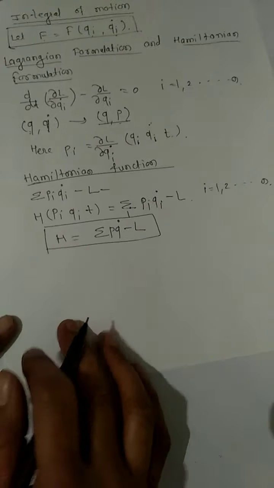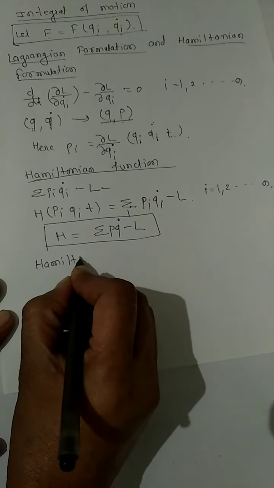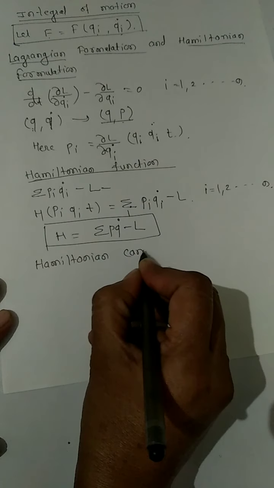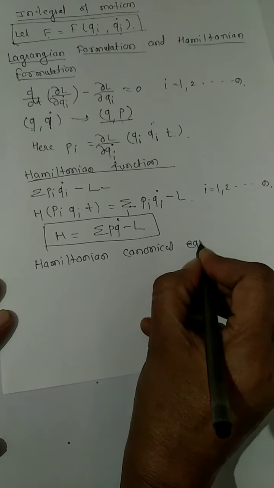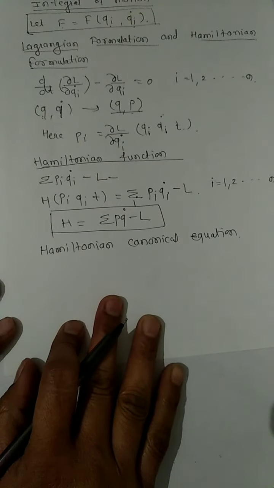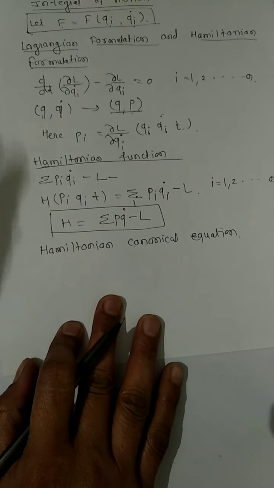Then the Hamiltonian canonical equation. The Hamiltonian canonical equation is derived from the Hamiltonian function.